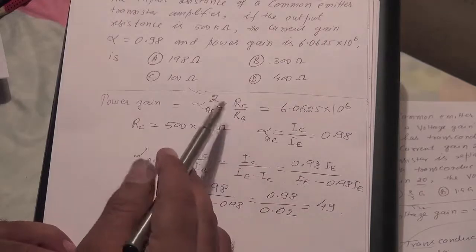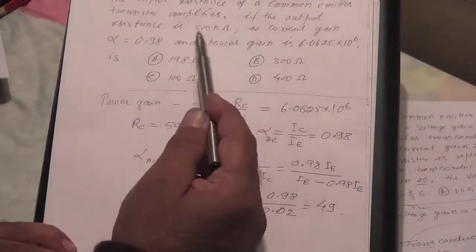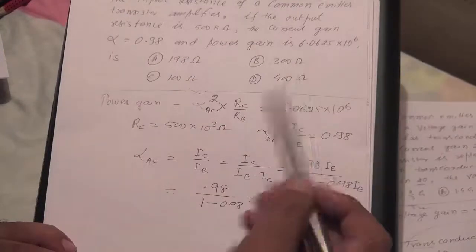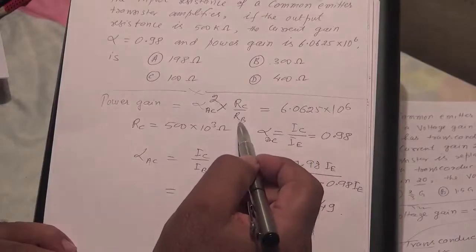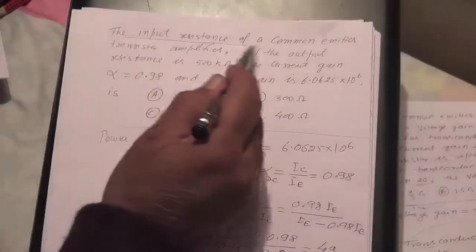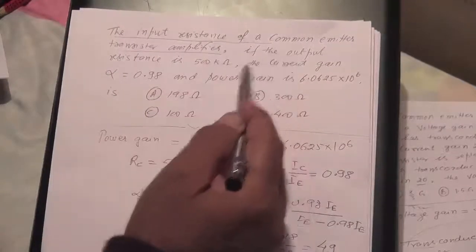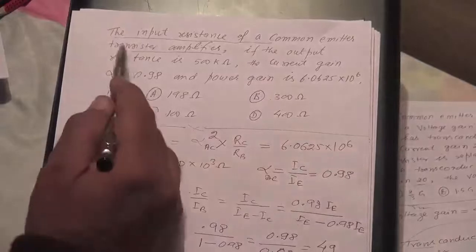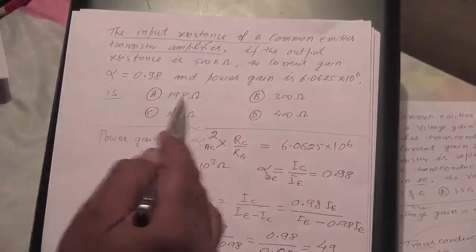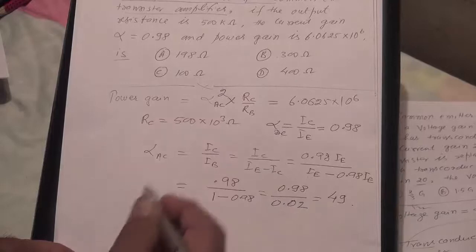Do we have RC upon RB? If the output resistance is 500, okay, RC is known to us, but RB is not known to us, and that is what we are supposed to find out. See, the input resistance of a common emitter transistor amplifier is either this. We are supposed to find out RB or R input. So we write it here again.